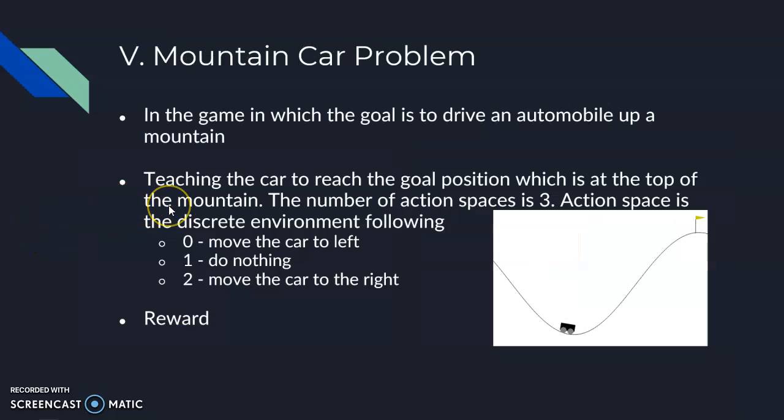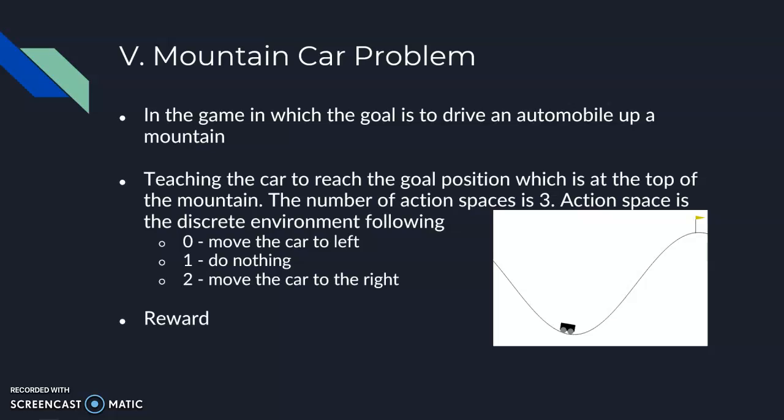And next, we move to the mountain car problem. In this game the goal is to drive the car from the left hill to the right hill. The car's engine isn't powerful enough to go up in one go. So as a result, the only way to succeed is to build up momentum by driving back and forth.